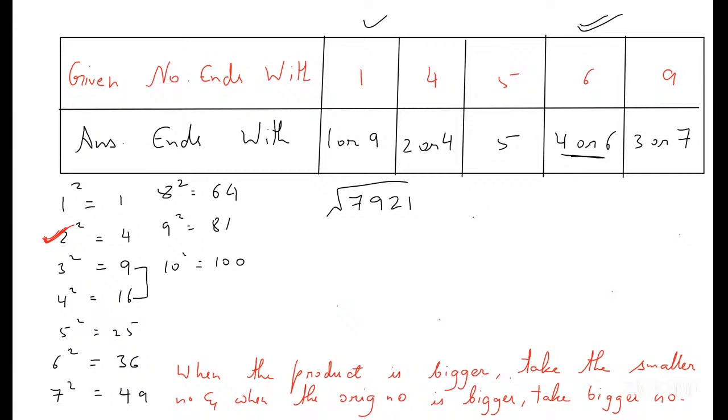What are you getting? 89. It's correct, Abraham. Try out one more: 5184.